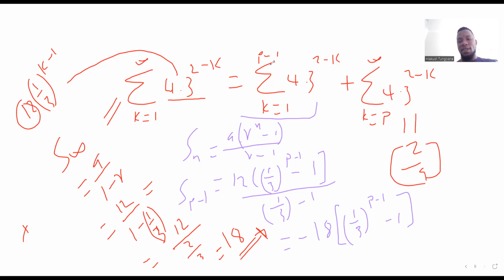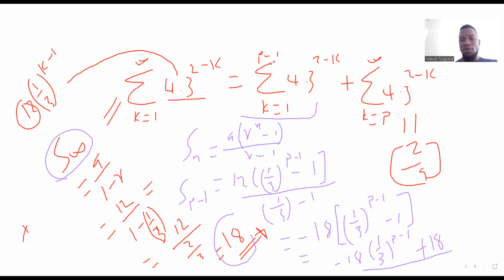If you multiply inside the bracket, it was minus 18 times (1 over 3)^(p minus 1) plus 18, right? Okay, so we have 18 on the left hand side, which is S infinity. And then we have this middle term, and then we have 2 over 9, right?